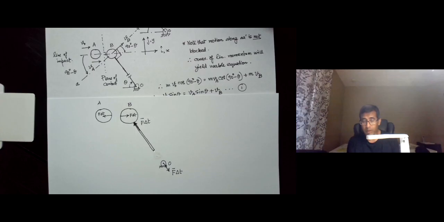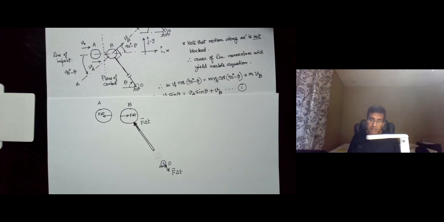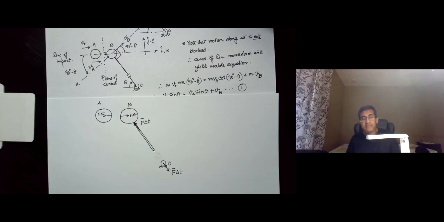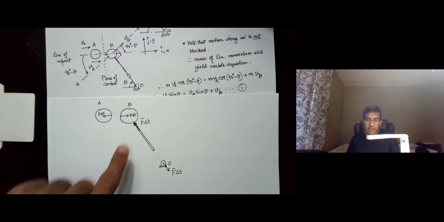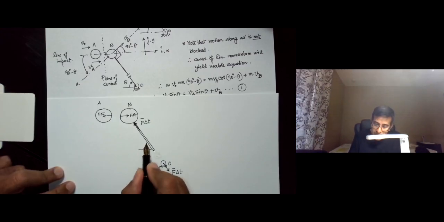It is connected to the point B, so when the collision happens, the rod also feels it and transmits an impulse along its length. So there is an impulse that goes to the ground, and the ground provides an impulse, and those impulses are given by F bar delta t. And of course this angle is theta.